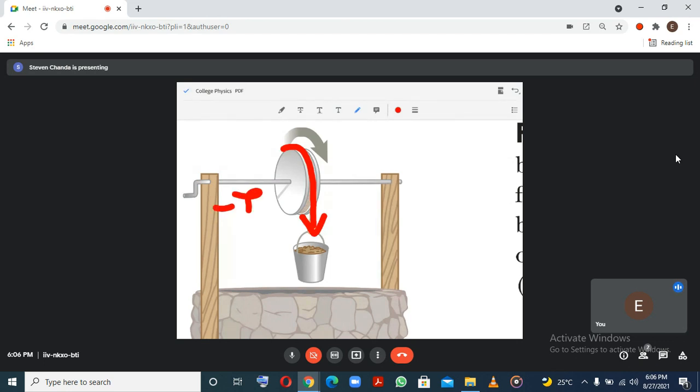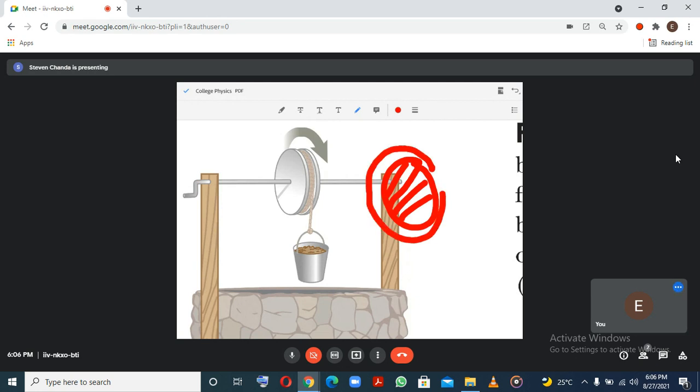There are other questions, and that's why I sent Shom's book to you on Google Classroom, so you can go through these things, because those questions have been answered and explained. In some questions they put the rope like this, coming like this, then there is a bucket.